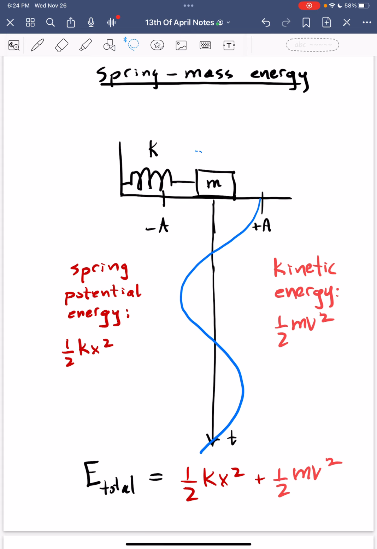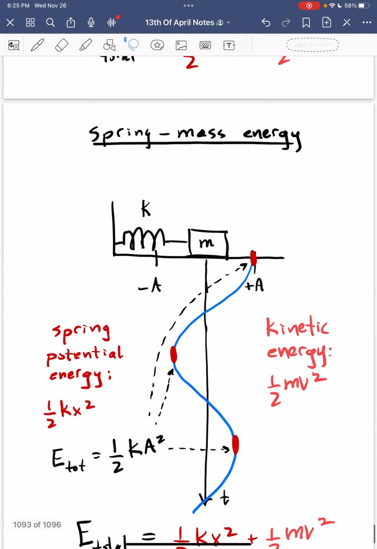So it's not really moving with any velocity right at the moment it reaches maximum amplitude. It goes all the way out there, reaches maximum amplitude, stops, and then reverses direction. Same thing here. It goes out, stops, and reverses direction. So the kinetic energy is going to be 0 at these points of maximum excursion. And that's where the potential energy is greatest.